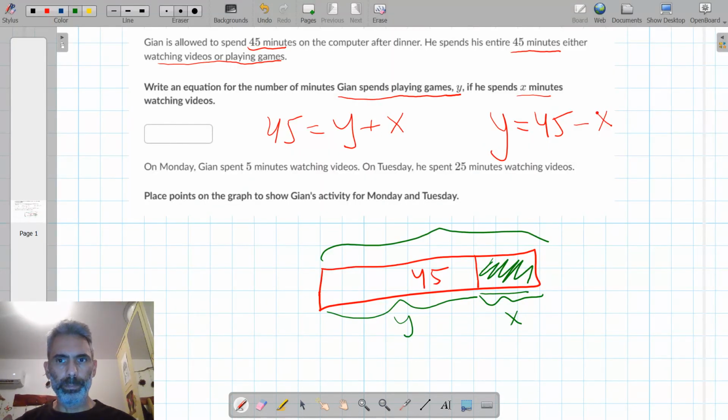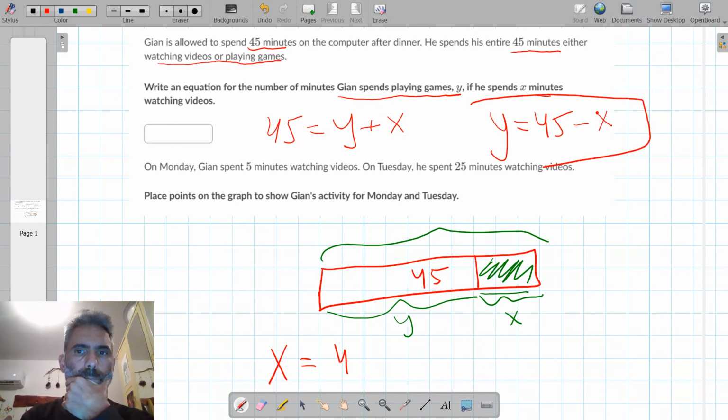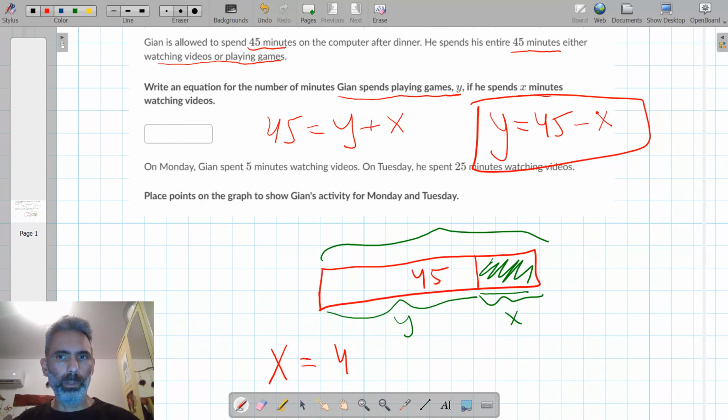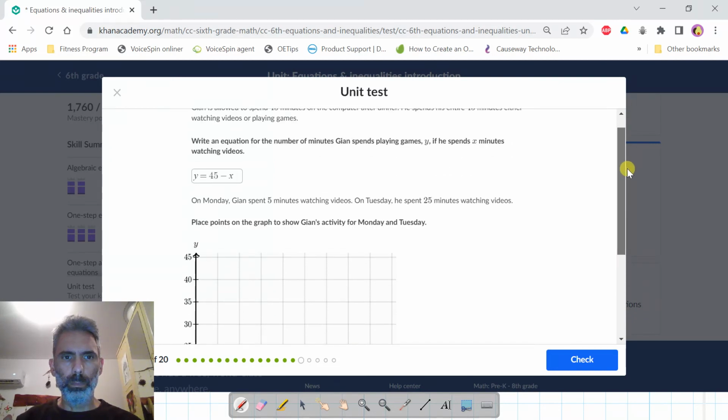If x is 5, then y is 45 minus 5. I'll just plug in 5 here. 45 minus 5, so y is 40.